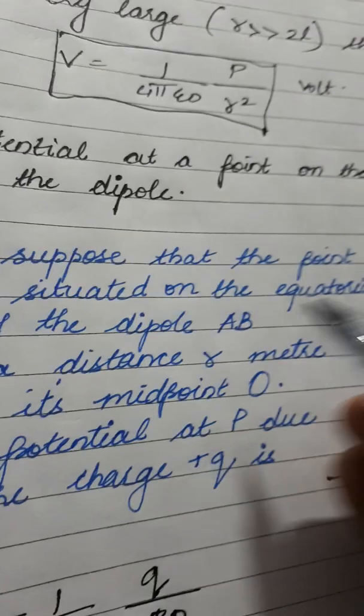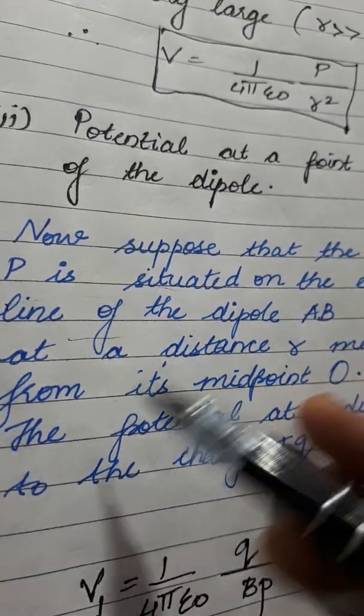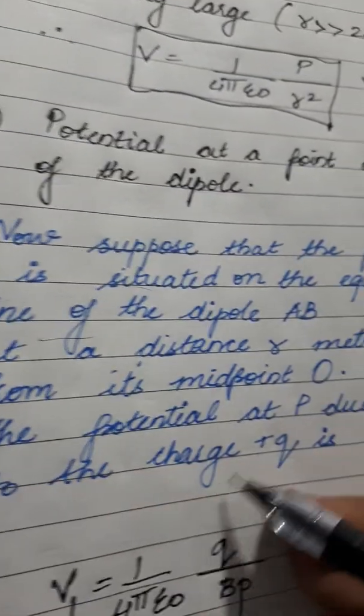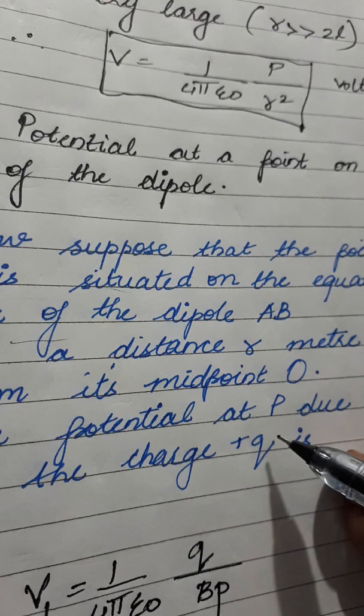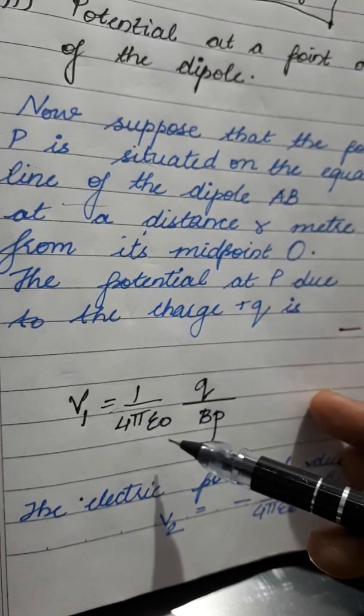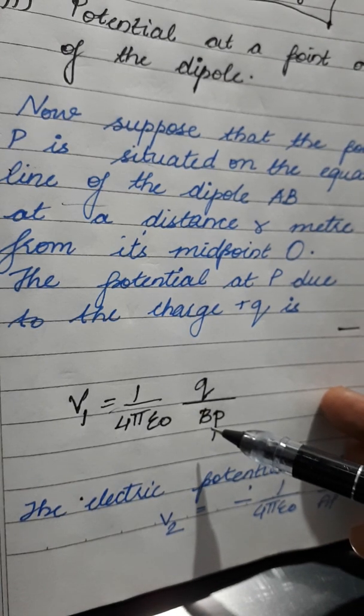Now suppose that the point P is situated on the equatorial line of the dipole AB at a distance r meter from its midpoint O. The potential at point P due to the positive charge therefore can be written as V1 is equal to 1 upon 4 pi epsilon naught Q upon R. But R is actually the distance from the point.